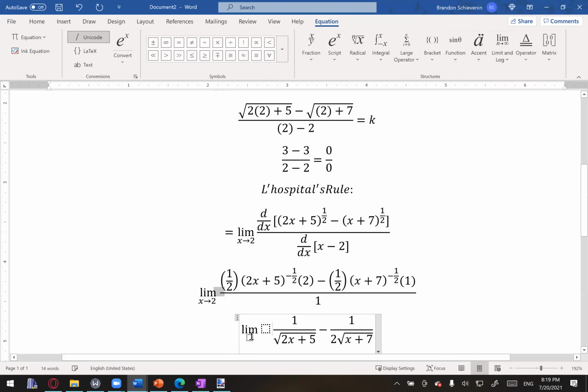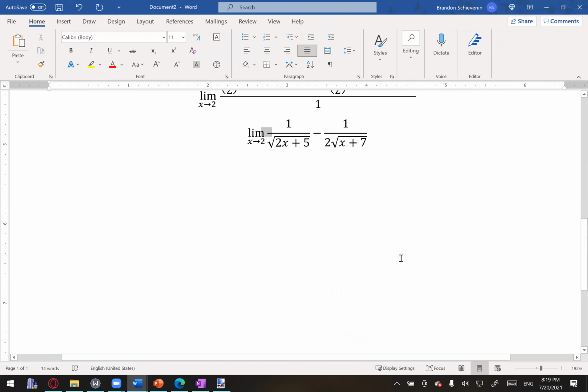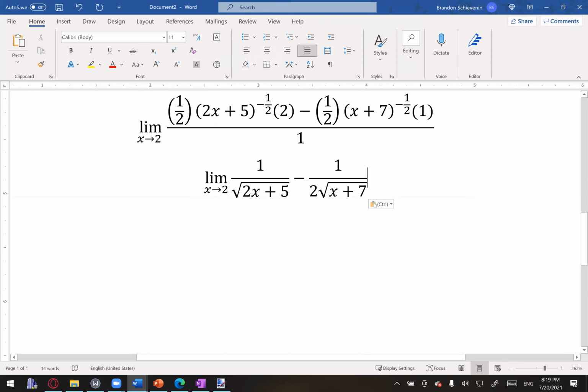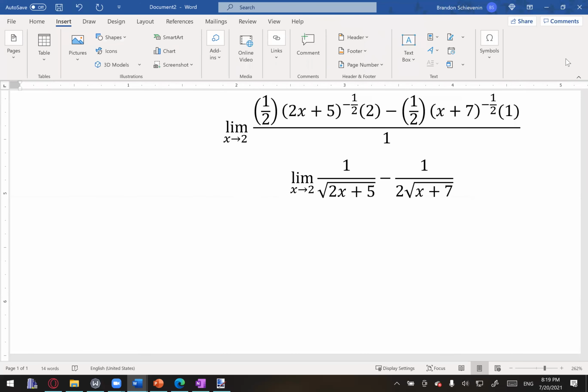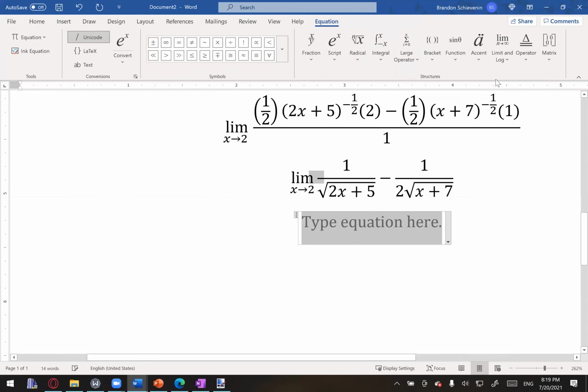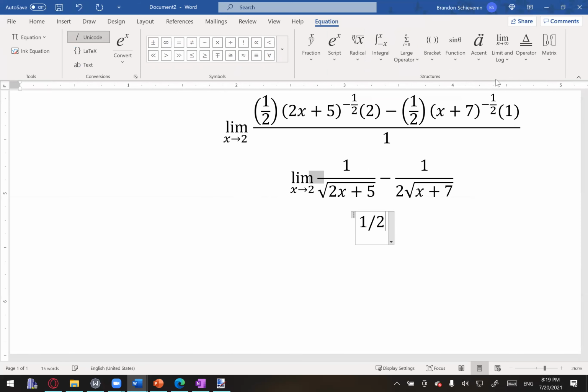What's going to happen if I plug in 2 right now? 1 over 3 minus 1 over 6.